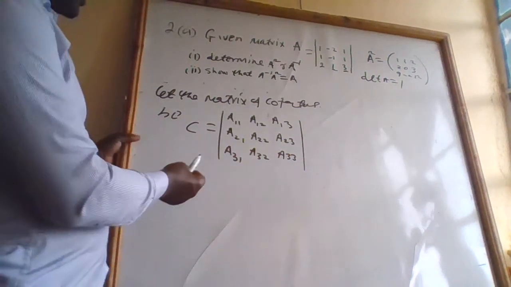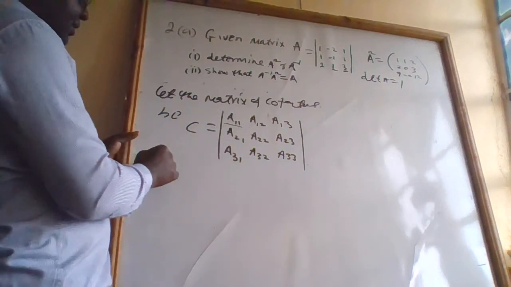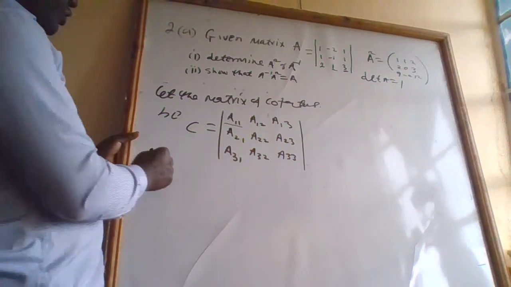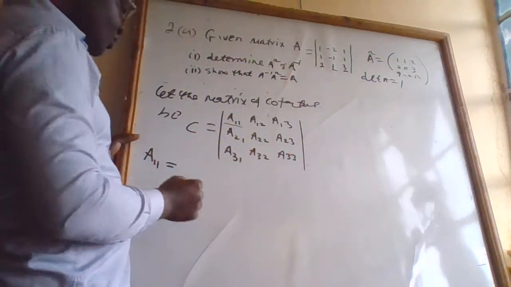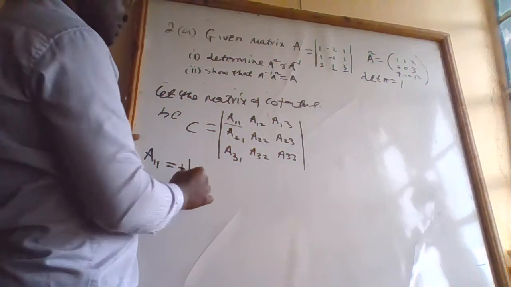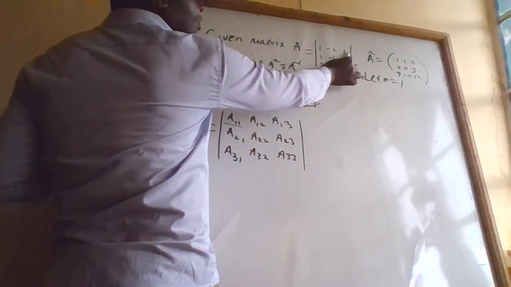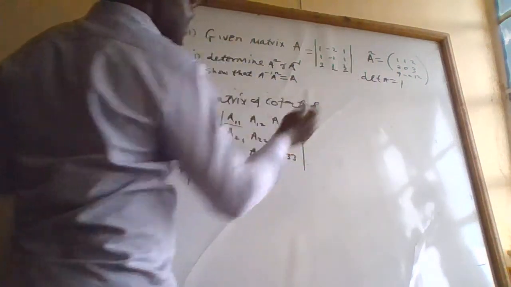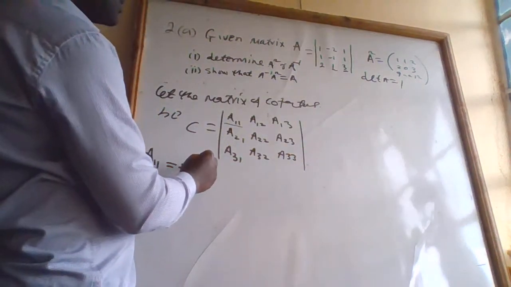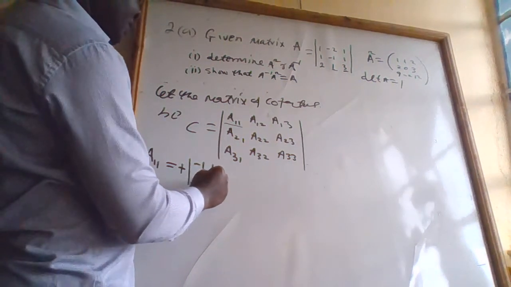So how do we get the element A11? For this element, we take the place sign of 1, which is positive. Then the minor of element 1: you remove this row and this column, and it will be the determinant of negative 1, 1, 1, 3.